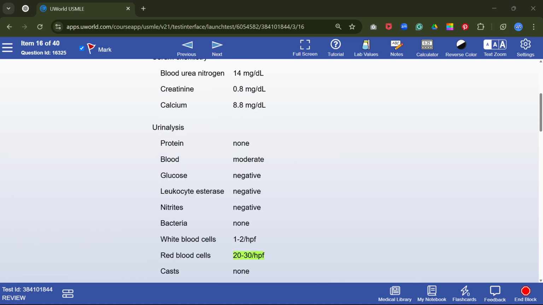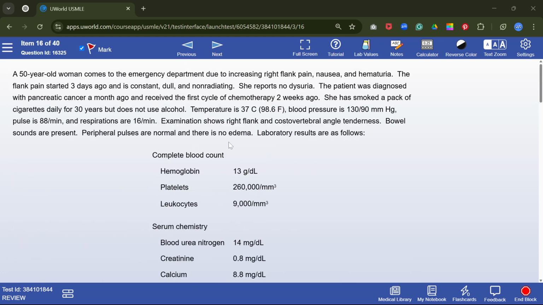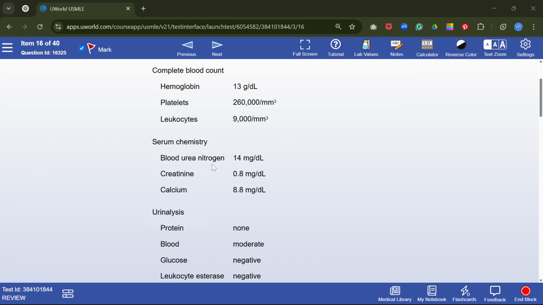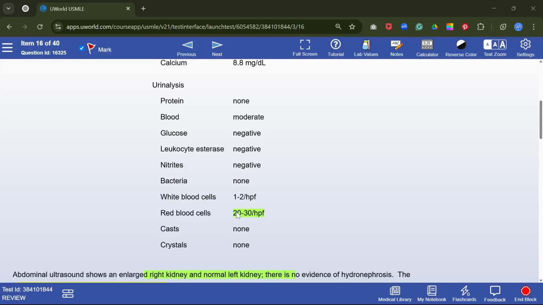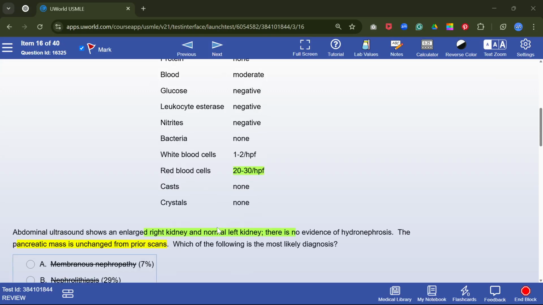What is the cause? Malignancy is present. Renal infarction syndrome has hematuria. LDH is not done here, but there is increased kidney size on imaging and no signs of hydronephrosis.